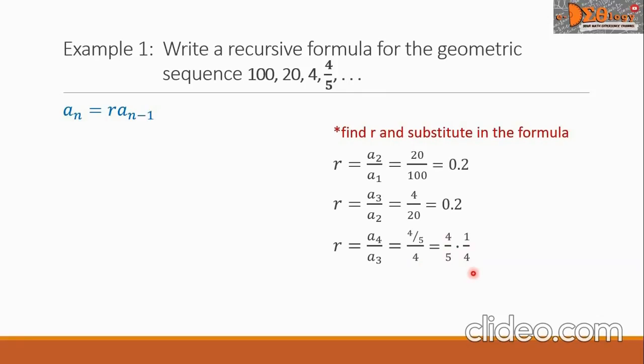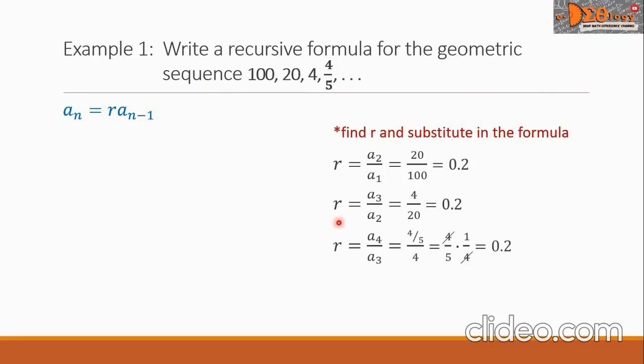We can see here that we can cancel this number 4 in the numerator and the number 4 in the denominator. And we will have 1 over 5 left. And that value is also 0.2. So we can see here that the r is common for all the pairs.